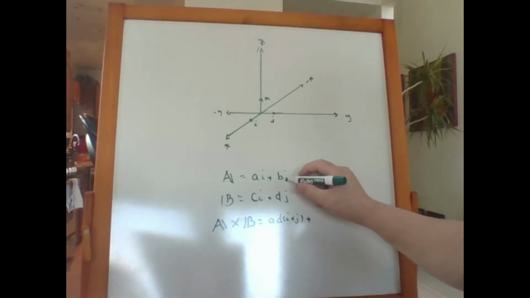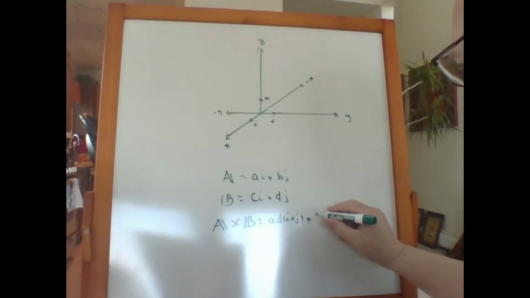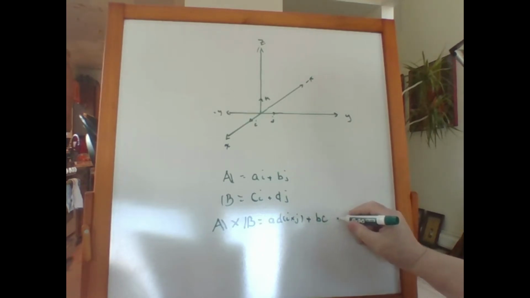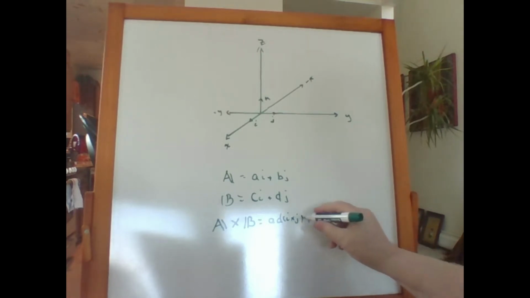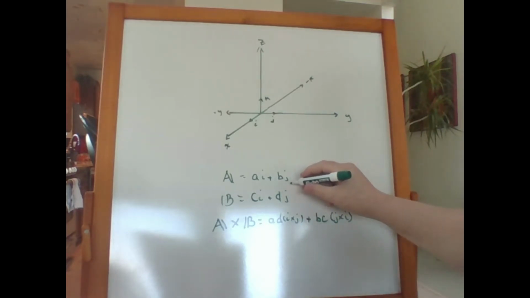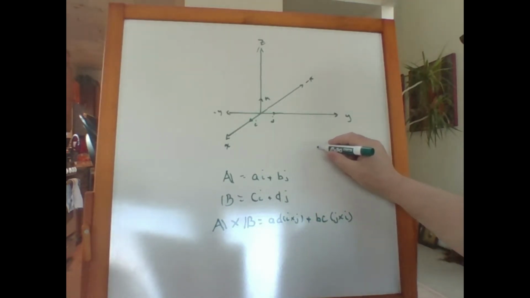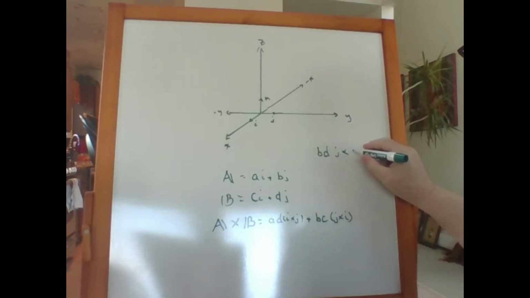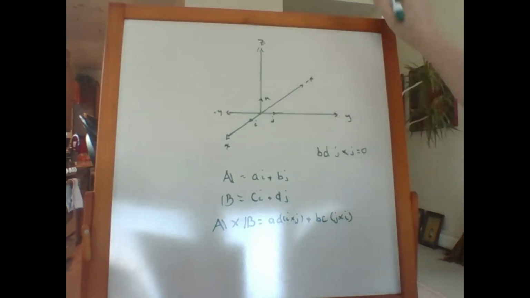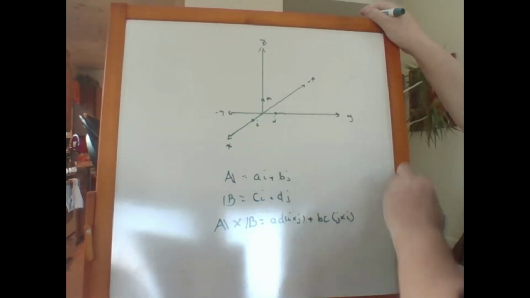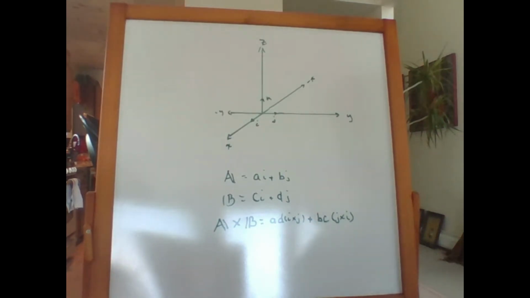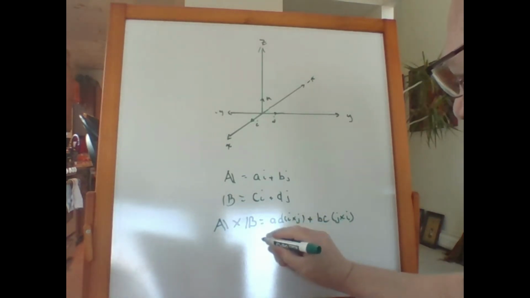Now we look at b. bc, j cross i. Remember, the order makes a difference. bd, j cross j equals 0. So this is all we're left with. And it turns out that i cross j is k.